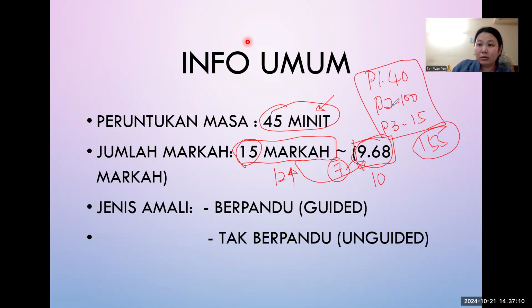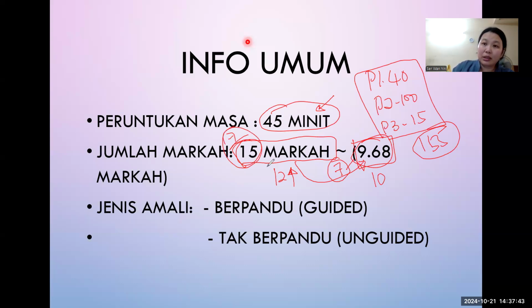Just try your best to do the necessary parts, then you will get marks. From the previous exam, your seniors in the Form 5 trial, the lowest mark is 7, which is half out of 15.